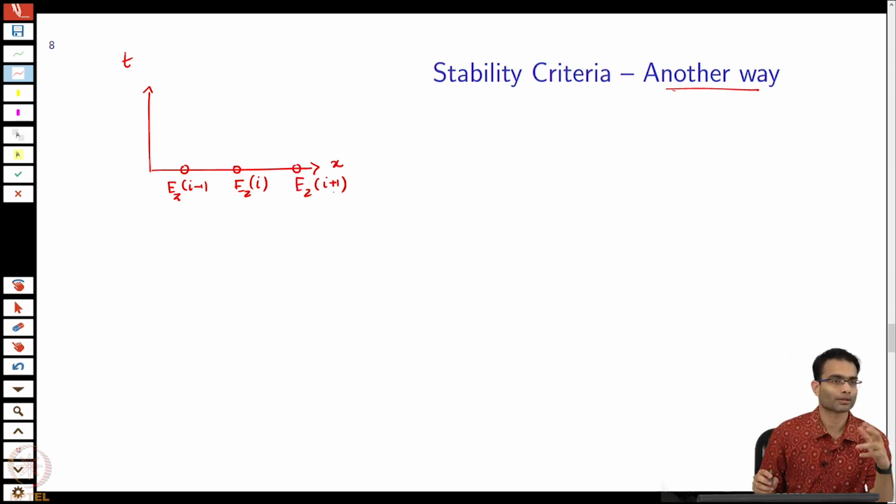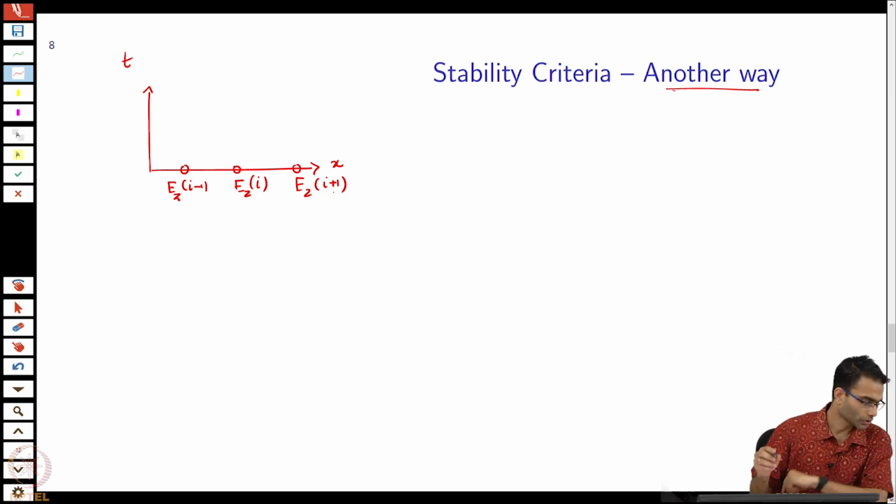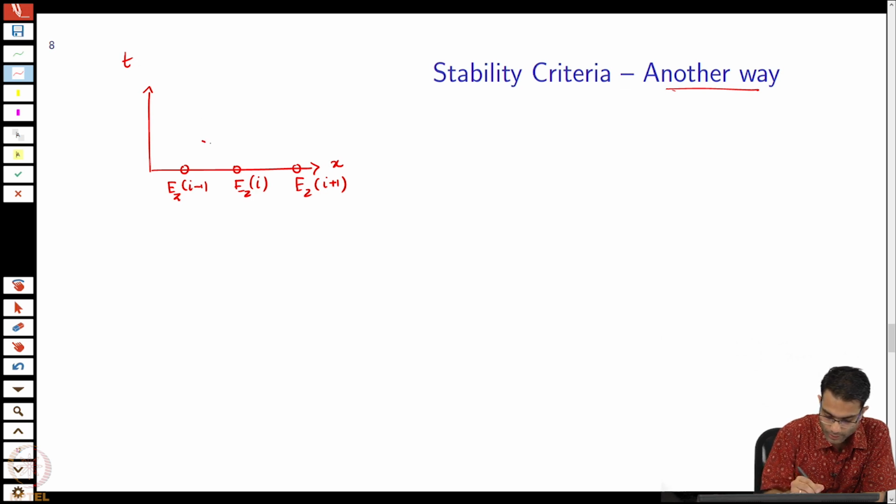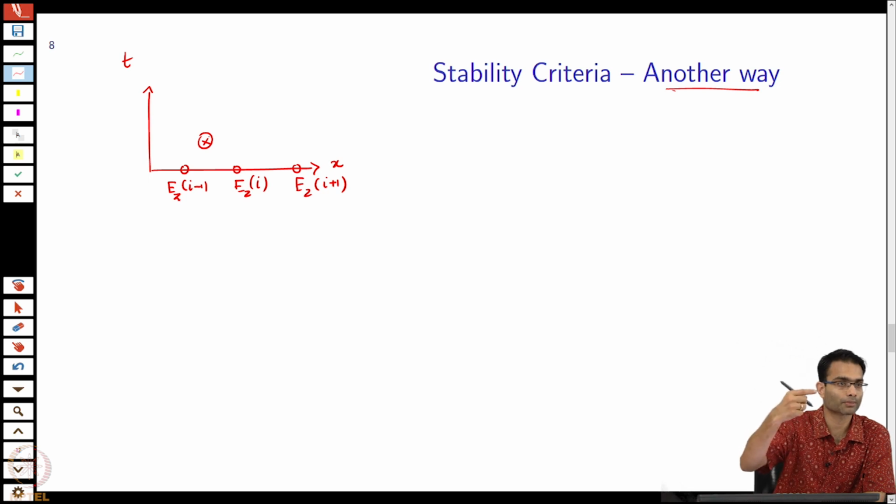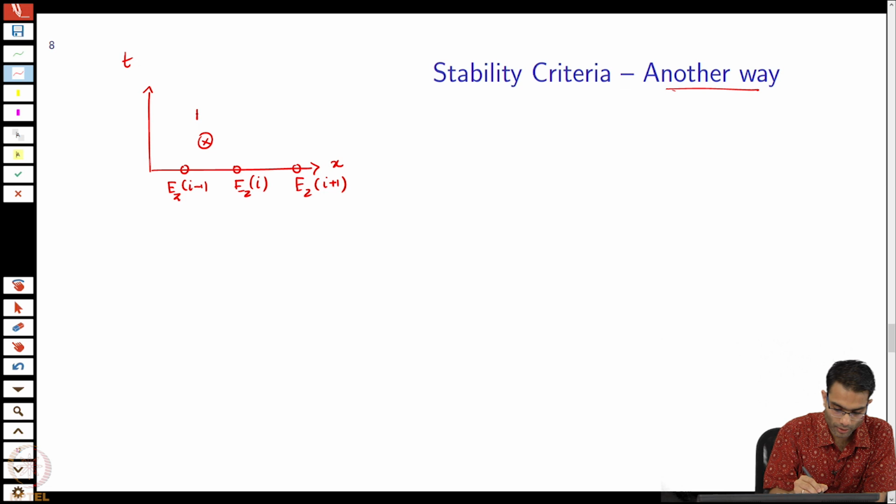What other variables are needed? E and H, okay. So, remember in time also the variables are staggered by half a grid, and in space also, right. So, this is going to be my H, let us call it some Hy, okay.